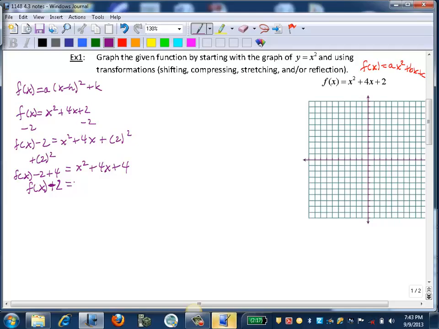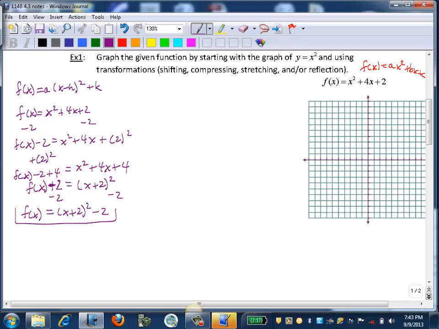Now, on the right, we now have a perfect square, and this will factor into x plus 2 quantity squared. So then our last step to get it into our HK form, we just have to take this constant back over so we have the f of x isolated. So we'll subtract that 2 from both sides. So then we're left with f of x equals x plus 2 quantity squared minus 2.